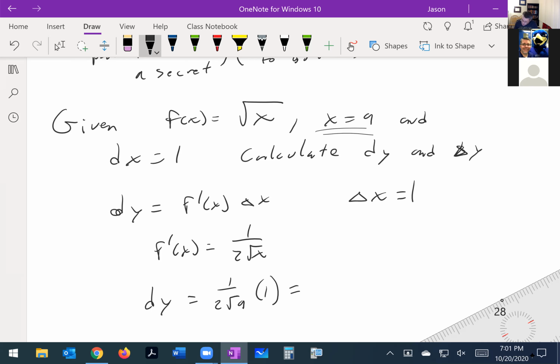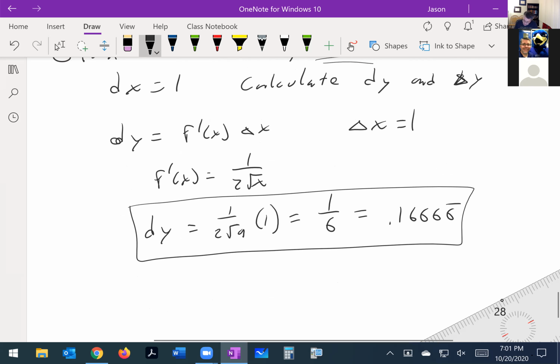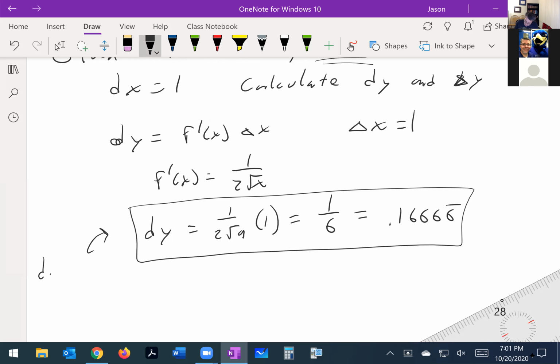So this is the square root of 3, 1 over 2 times the square root of 3 is 1 over 6, times 1 is 1 over 6. So dy is equal to 1/6, which equals 0.166 forever. That's the differential.